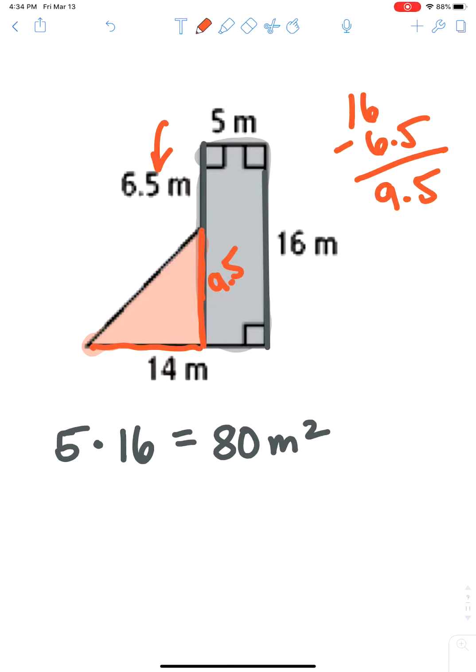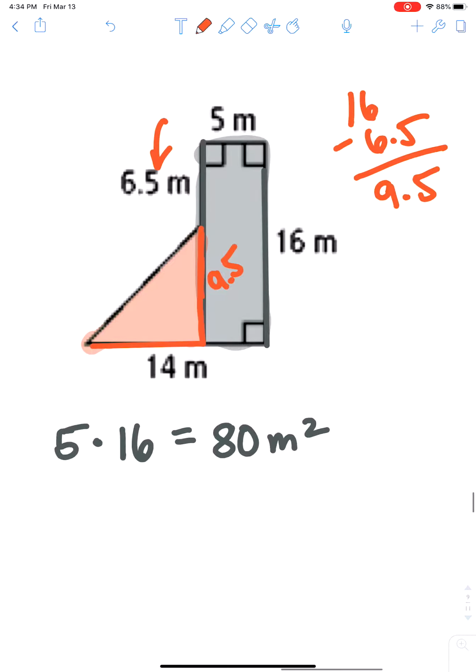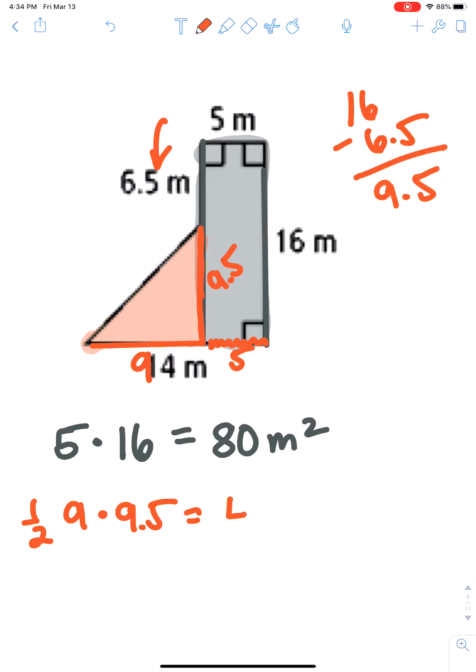The base is not 14. It is 14 minus 5 because I know this section right here is 5. So 14 minus 5 is 9. Did that in my head again. Look at me go. And that is 1/2, I almost forgot that, 1/2 of 9 times 9.5, and not doing this one in my head, that is 42.75 meters squared.